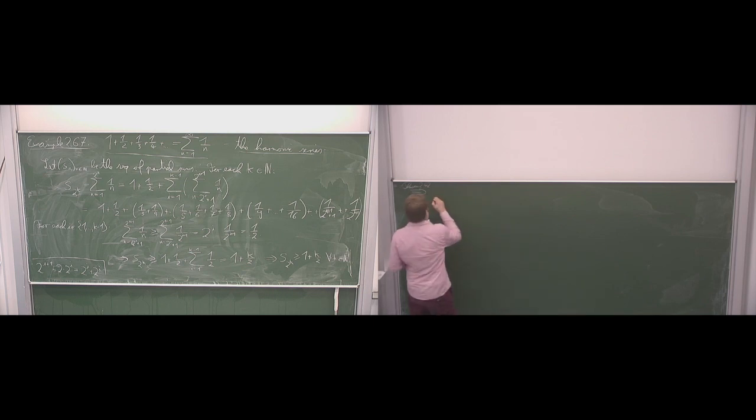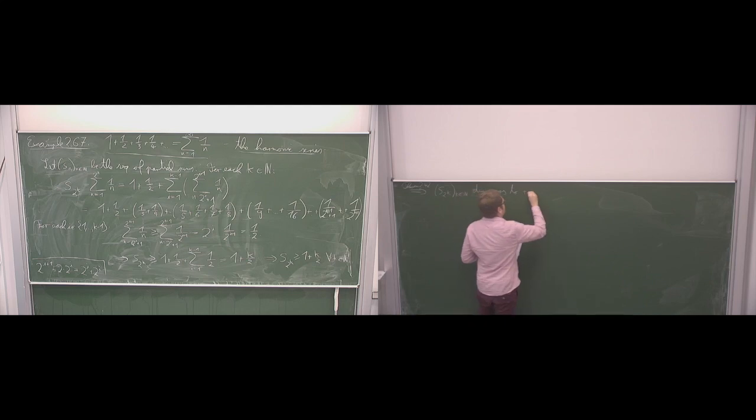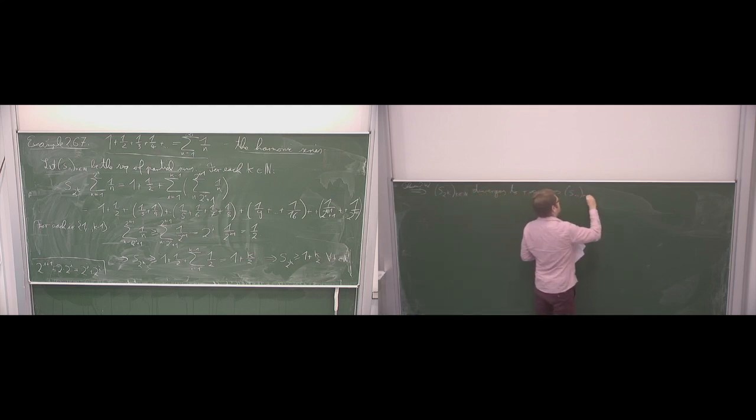So this means that S_(2^k), k in N, diverges to plus infinity. And this particularly means that the sequence of partial sums cannot be bounded. So this is unbounded.